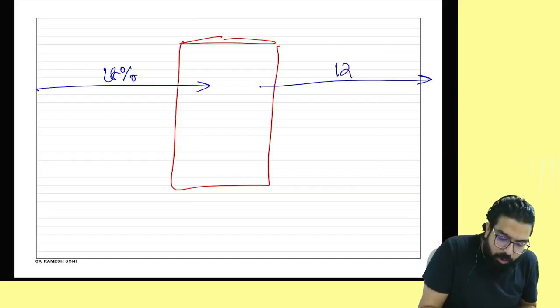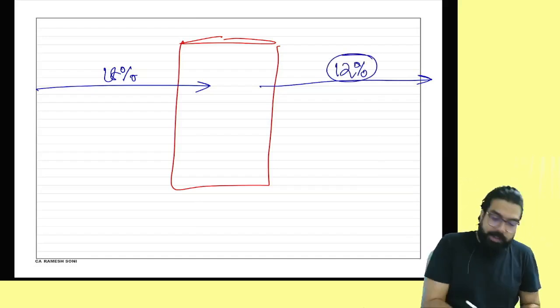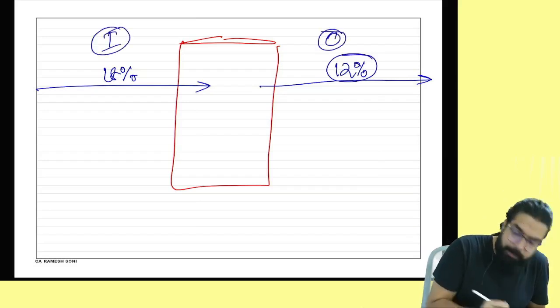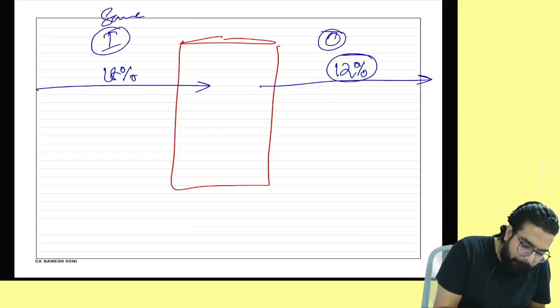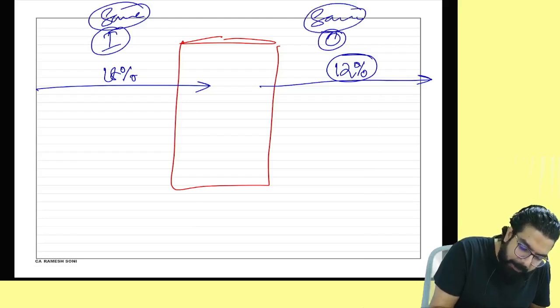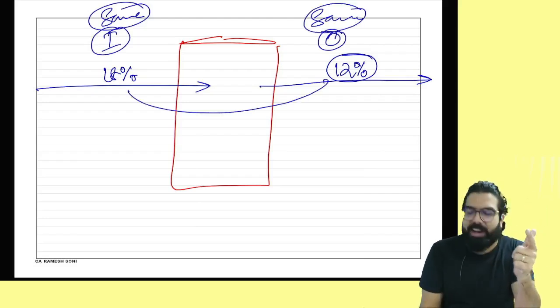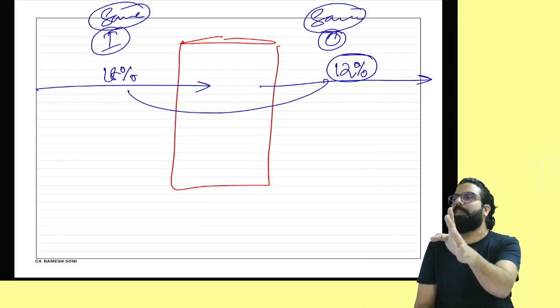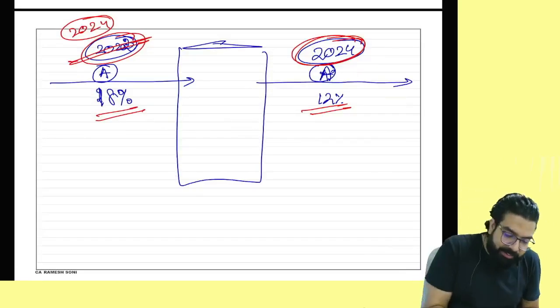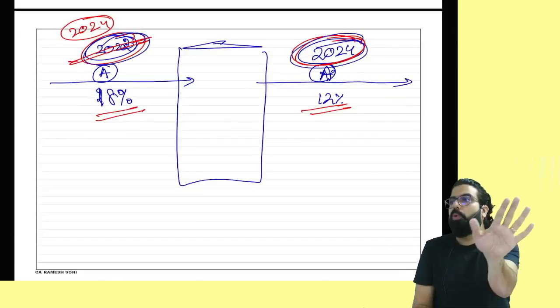And because of that notification, I charge only 12. Input and output are same at the same point of time. My question, will you get IDS ka refund? Yes. But if it is a different point of time, no.